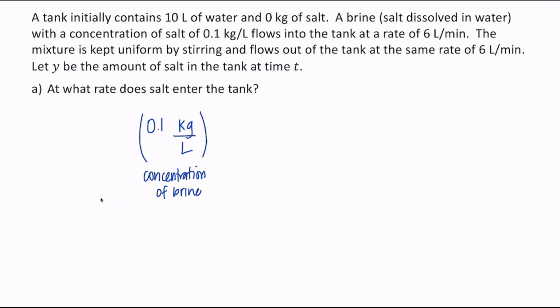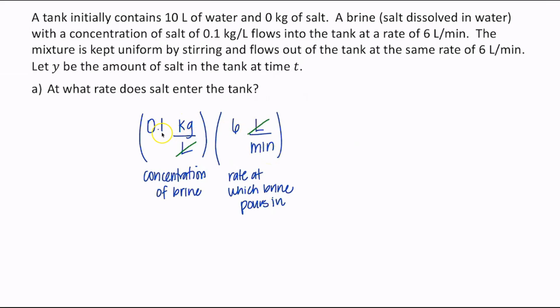So if I multiply the concentration of brine times the rate at which this brine is pouring in, 6 liters per minute, let's take a look at the units. The units of liters are going to cancel out, and the units that we have left over are kilograms per minute.